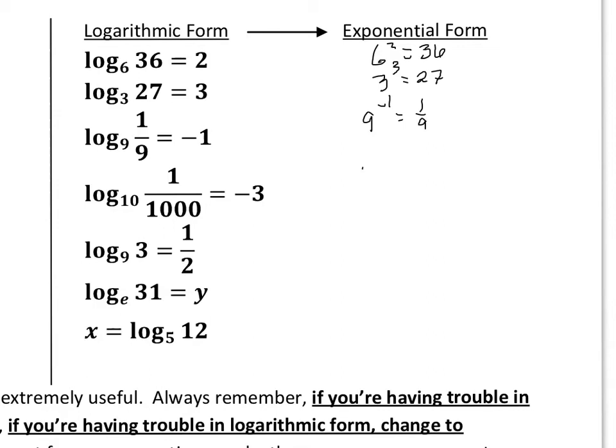So 10 to the negative 3 equals 1 over 1,000. Log base 9 of 3 equals 1/2. So 9 to the 1/2 equals 3. Log base e of 31 equals y. So e to the y equals 31. And then our last one here, x equals log base 5 of 12. 5 to the x equals 12. Very good.